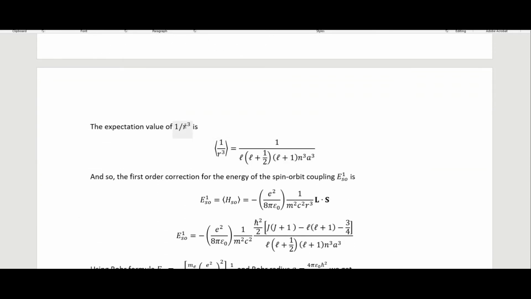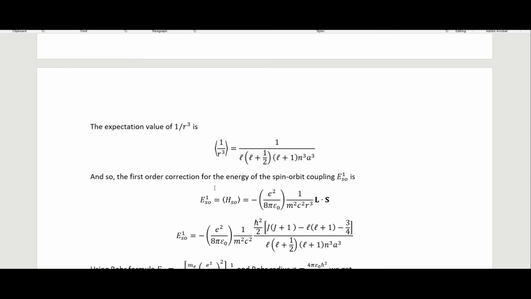So we can do the expectation value of this 1 over r cubed, which in this one I haven't actually put the math for at the end like I did for the 1 over r and 1 over r squared last time. But the process is very similar, and we just get this 1 over L times L plus half times L plus 1 times n cubed a cubed.